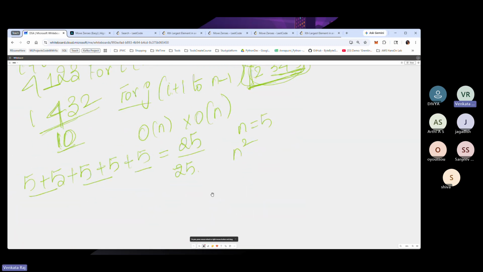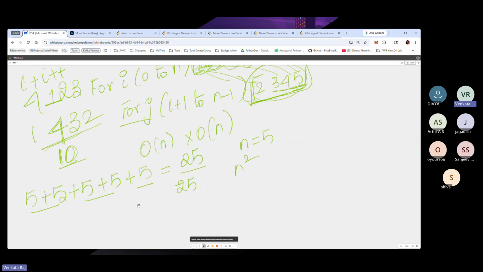So for every element you are doing the operation 5 times, the inner for loop. In total you have done 25 times, and your n is 5, and this 25 is nothing but n square. Most of the time we will be ignoring the first few elements, but in general, some problems you will be doing it that way. Some problems you will be considering all the elements.